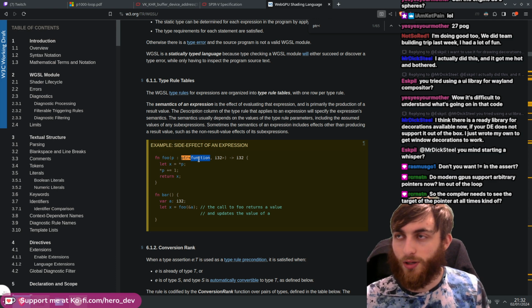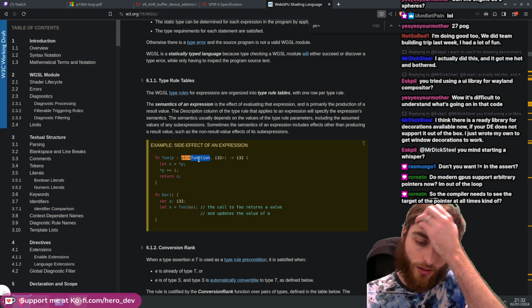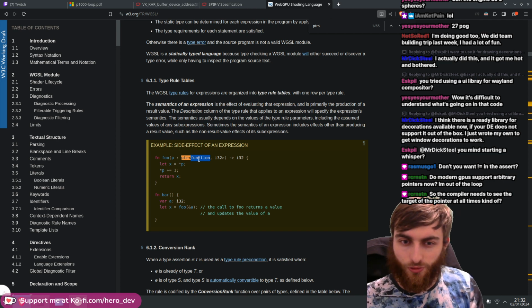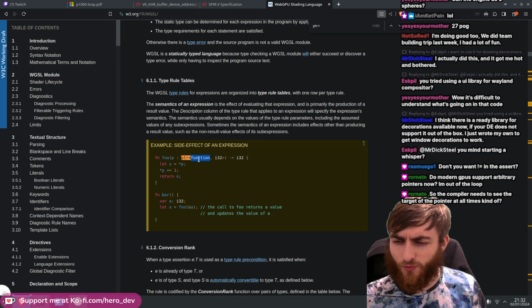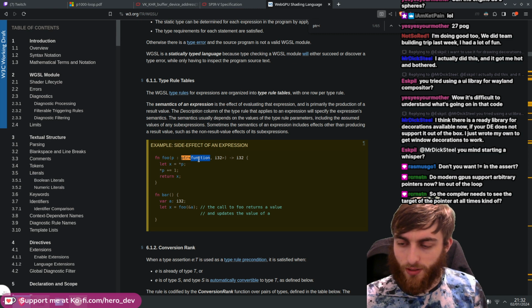Not much hardware supports calling a function, so all shaders are typically inlined anyway. I think since ray tracing they've been able to do some form of calling a function or whatever. But from the point of view of SPIR-V, you still get functions, but they all just get inlined anyway.